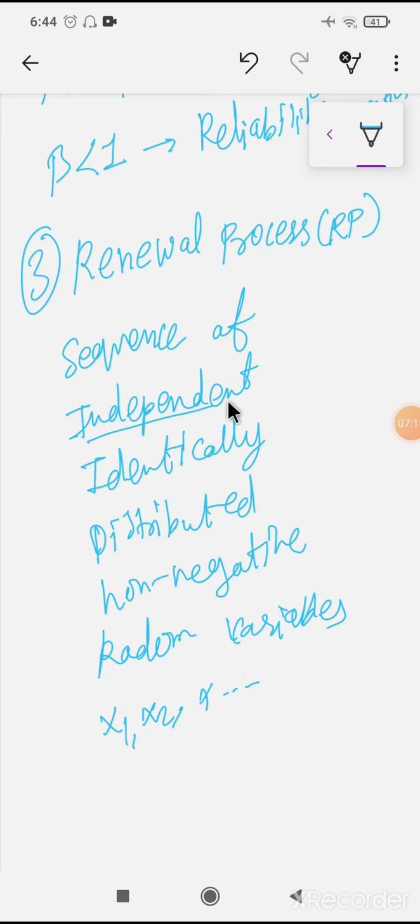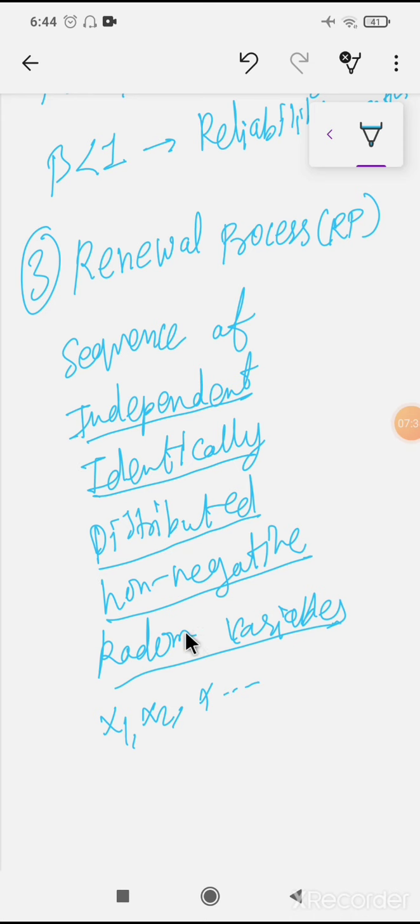So it should be independent, it should not be dependent on each other. Second, it should be identical, so it should be similar. Then it should be distributed over all the plane. Then it should be positive, it cannot be negative. Then it should be random.